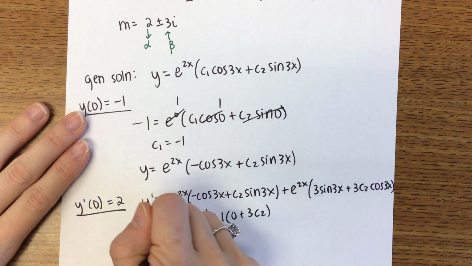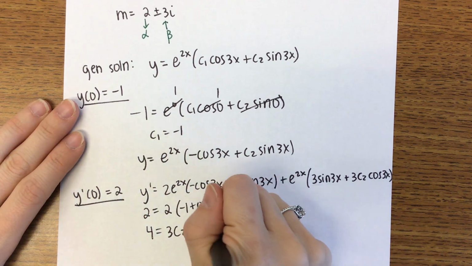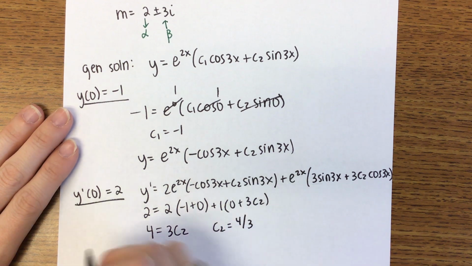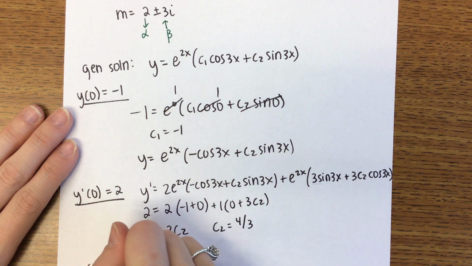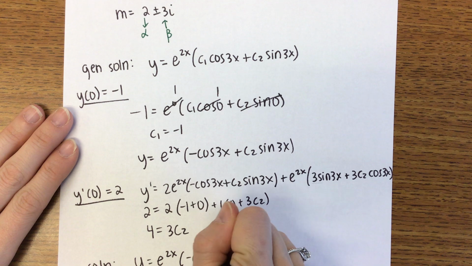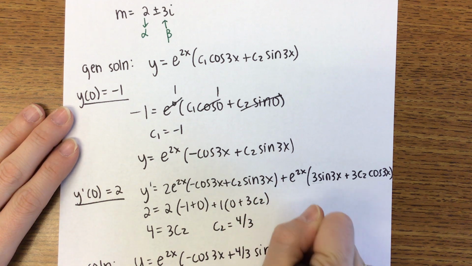If I move it over, I get 4 is equal to 3c2. So our c2 then ends up being 4/3. Our solution then is y is equal to e to the 2x times negative cosine of 3x plus 4/3 sine of 3x.